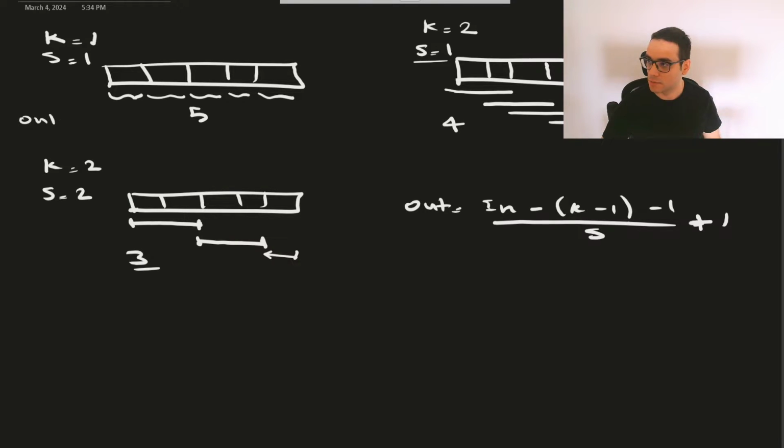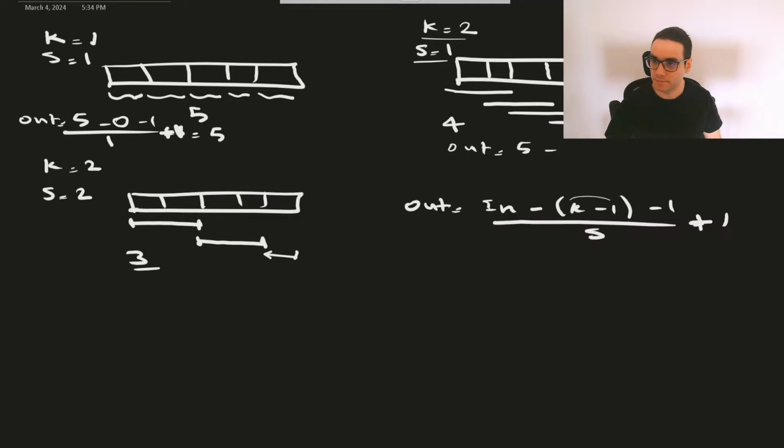So for the first case, out is 5, which is the input, minus (K minus 1), which is 0, divided by S, which is 1, plus 1. We'll end up with 5. For K equals 2 and S equals 1, out is the input 5, minus (K minus 1), divided by S, which is 1, plus 1.